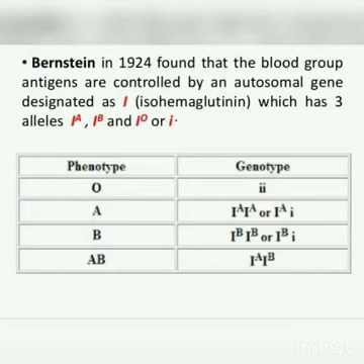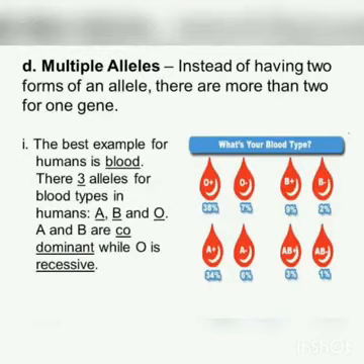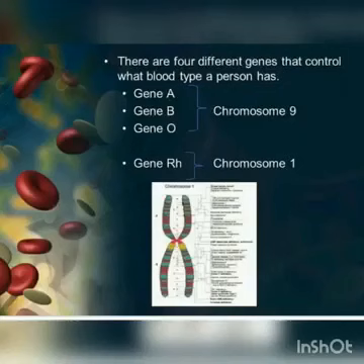Bernstein in 1925 discovered that inheritance of different blood groups in human beings is determined by a number of allelic series. The three autosomal alleles located on chromosome 9 are considered with the determination of blood group in any person.